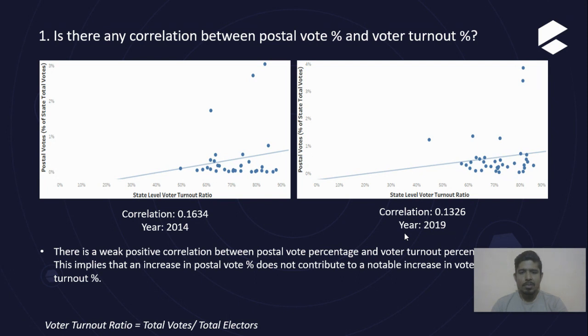A weak positive correlation between postal vote percentage and voter turnout percentage implies that an increase in postal vote percentage does not contribute to a significant increase in voter turnout ratio. This is what the weak positive correlation between two variables implies.